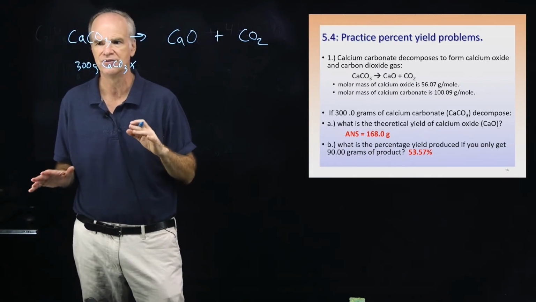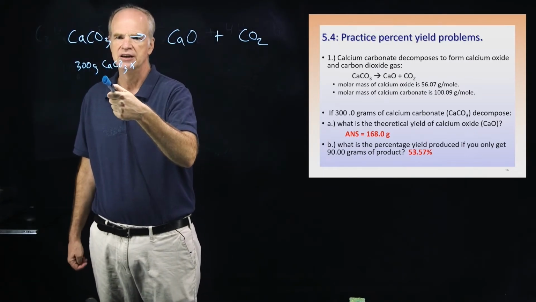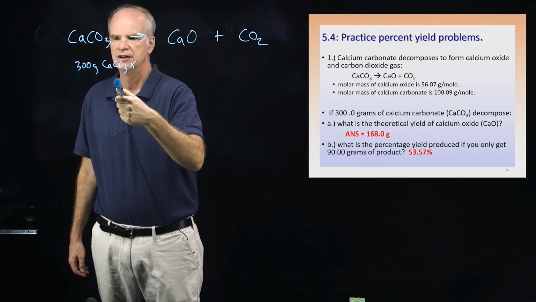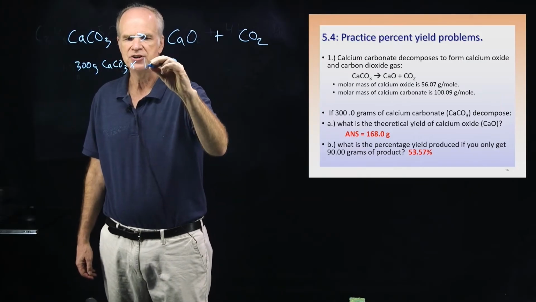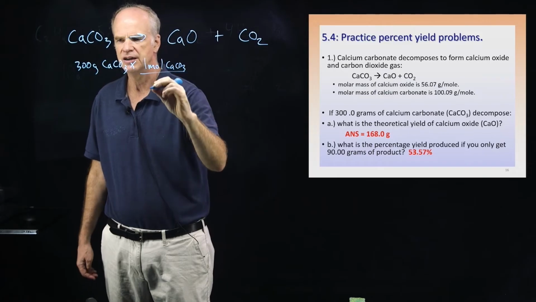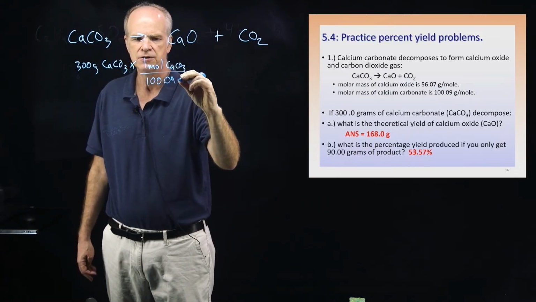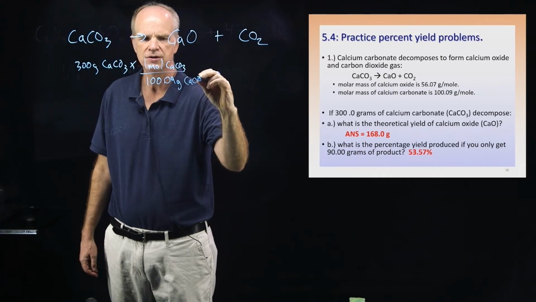And so this is sort of like what you've done before. The first thing we have to do is take grams of calcium carbonate and divide by the molar mass of calcium carbonate, which is 100.09 grams of calcium carbonate.